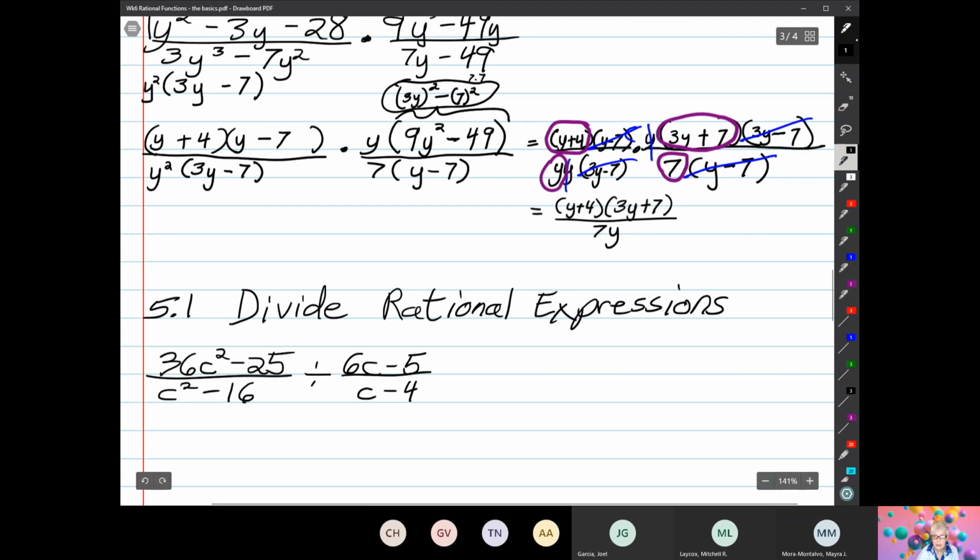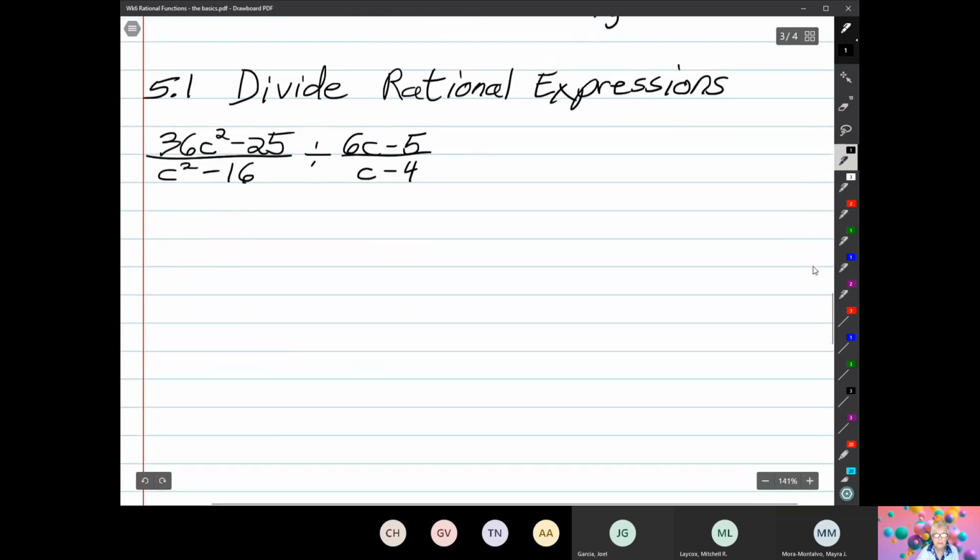Now, we have one more thing to do, and that's study division, but really division, as you will see, is just another form of multiplication. So let's do this. You could develop your own method, but when I do it, I wait until the most important step before I start factoring.